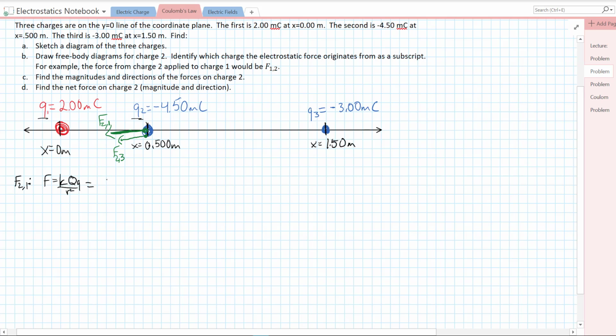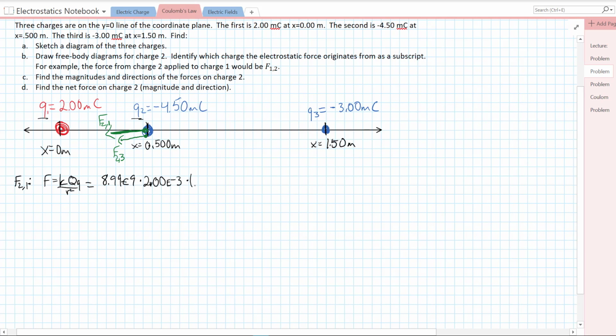We plug that in. K is always the same, to 3 sig figs, it's 8.99 times 10 to the 9. Charge 1 is 2.00, and it's millicoulombs, so times 10 to the minus 3 coulombs.